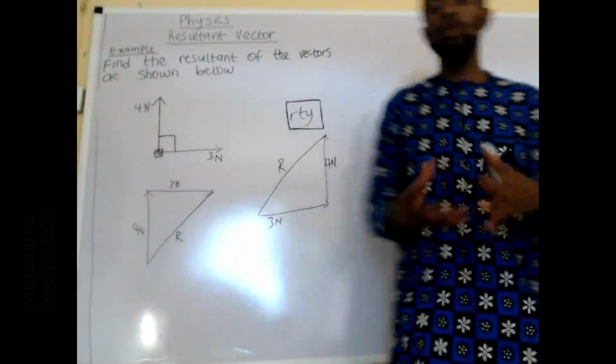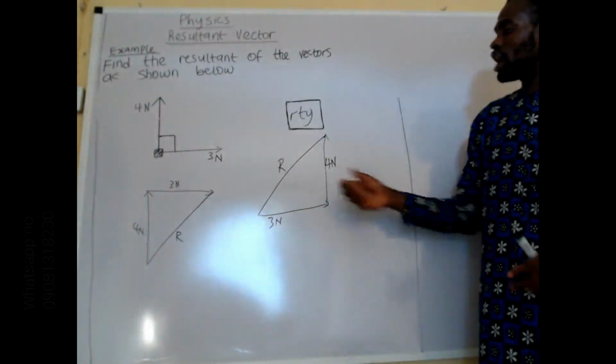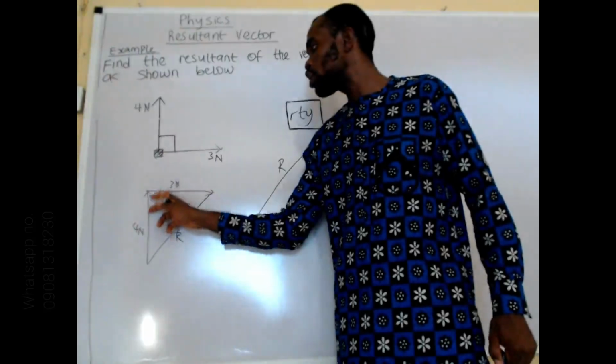Now, if you look very well, you will see that these have formed a shape, and the shape is a right angle triangle.